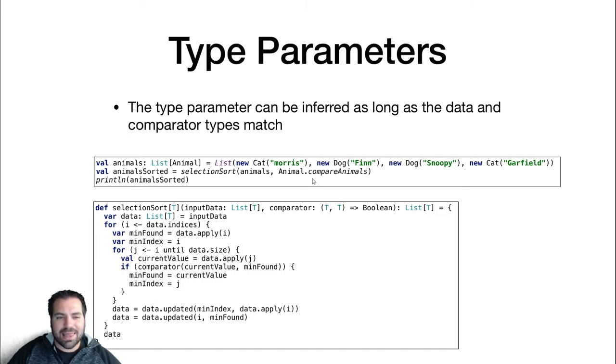Scala's going to say, I think T is animal, because that's what you've provided. You gave me a list of animals. The type parameter of the list is animals. The input types of the function you gave me are animals. I get what's going on here. T's an animal. So Scala's got our back on that, but we can specify the type parameter if we want to be very explicit with what we're doing.